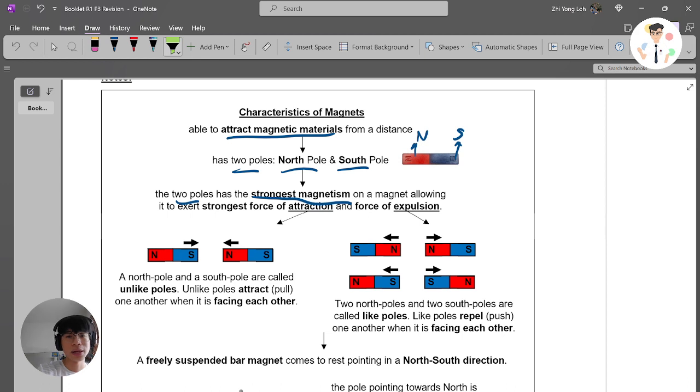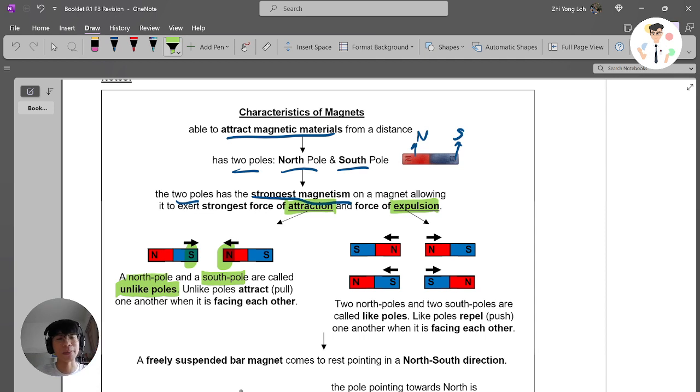Now, it's important to understand the words attraction and expulsion. Attraction means that it comes closer, and expulsion basically means it pushes away. Okay, so let's look at attraction. Attraction can happen when there are unlike poles. What do you mean by unlike poles? It means that one side is the north pole, another side is the south pole.